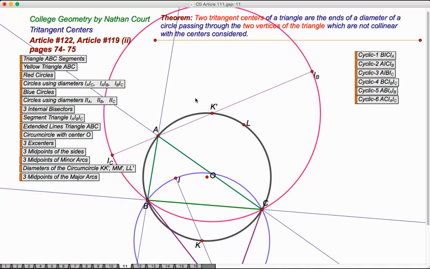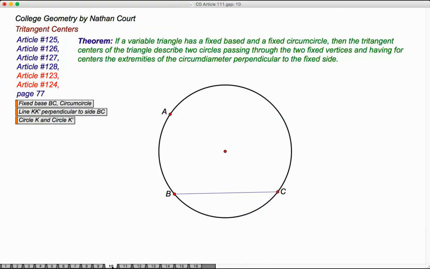So, having remembered that, we can go back to our problem and say, wait a minute, this is my fixed base. A can be anywhere, so I can just construct the line perpendicular to BC, and definitely it will intersect the circumdiameter at K and K prime.